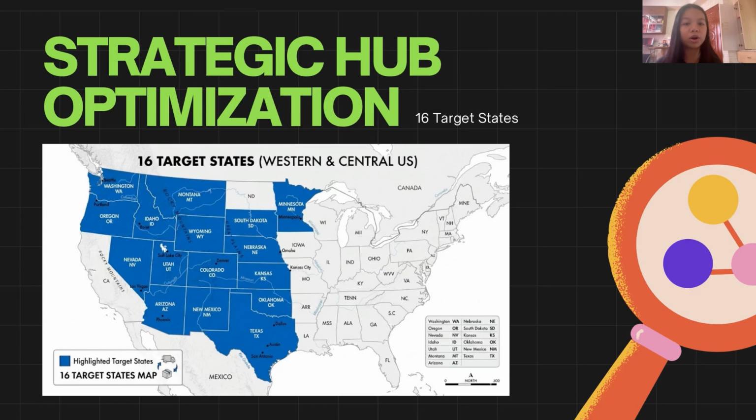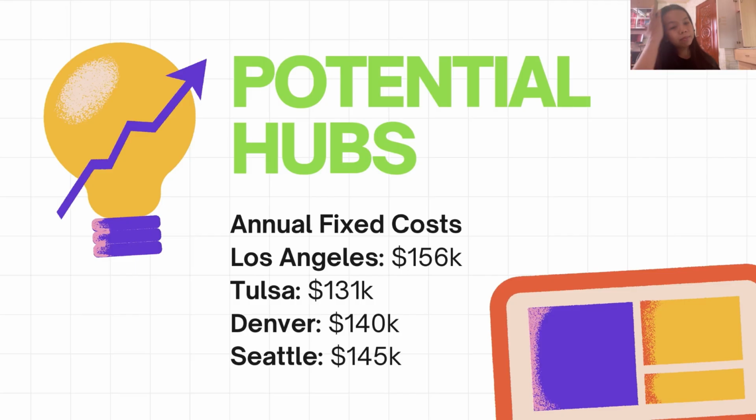We begin by identifying four potential home office locations. These aren't just dots on a map, they represent significant financial commitments. Tulsa is our most affordable option at an annual fixed cost of 131,230, while Los Angeles is the most expensive at over 165,000.